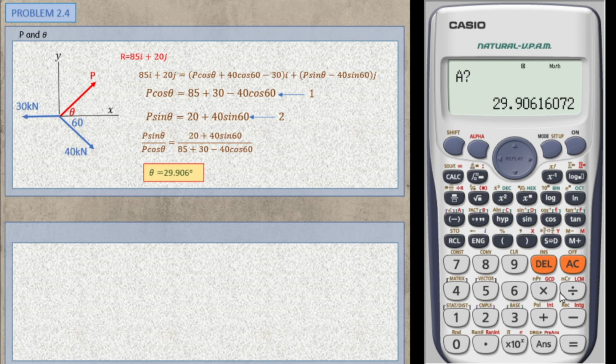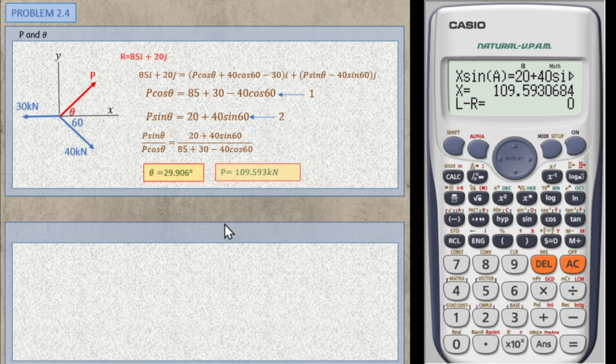So solving, we can find the value of our P, which is 109.593 Newton. So that is our problem 2.4.